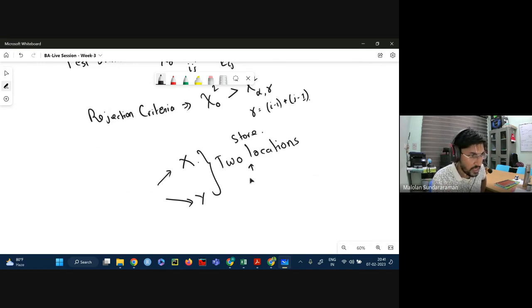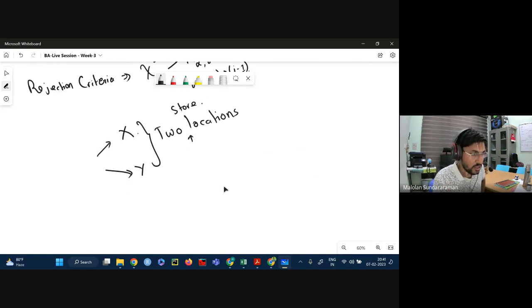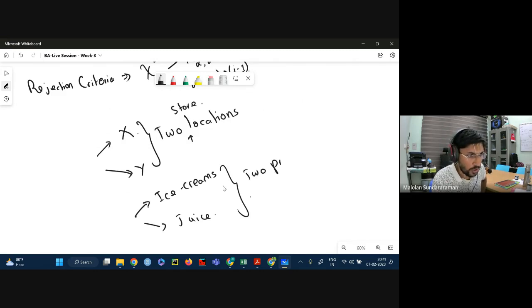In both of these stores you are selling two products, let's say ice creams and juice.